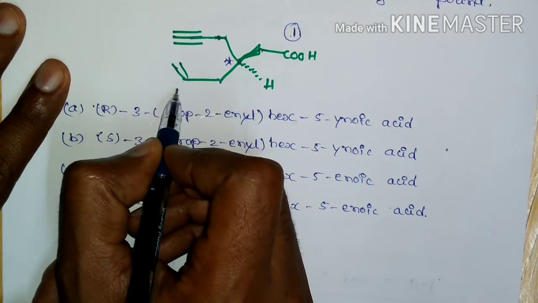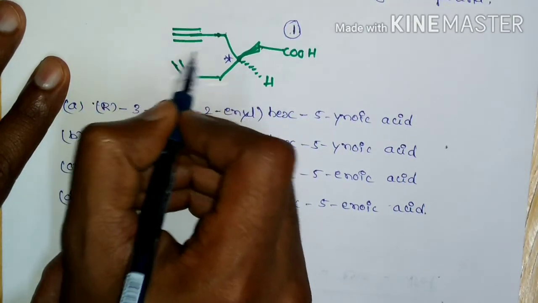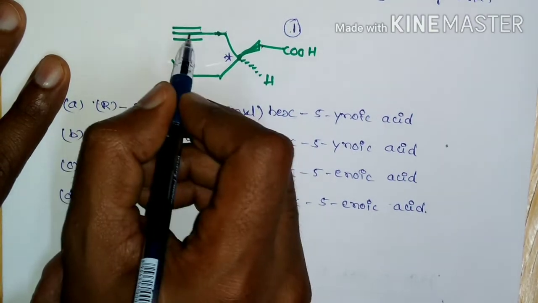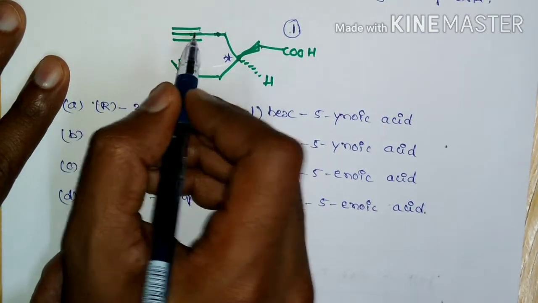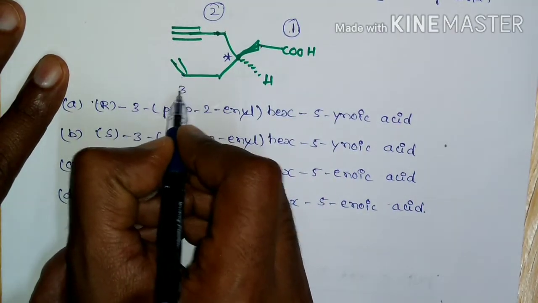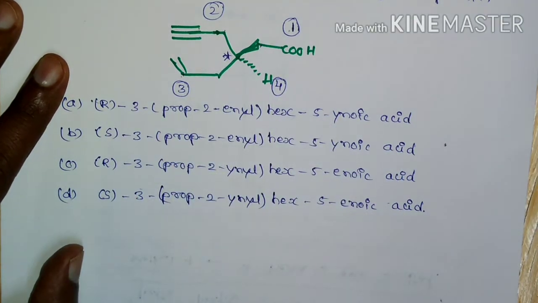If you come here also it is carbon, here also it is carbon, but this is a triple bond and this is a double bond. So if we make it triplicate, then this is going to take the second priority, and this is duplicate, so obviously it is going to take third priority, and hydrogen will take fourth priority.